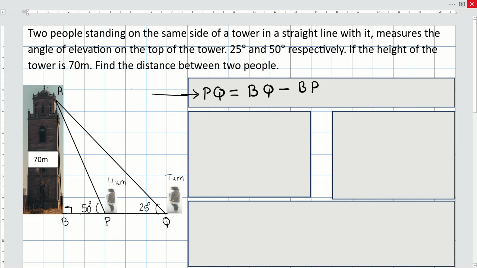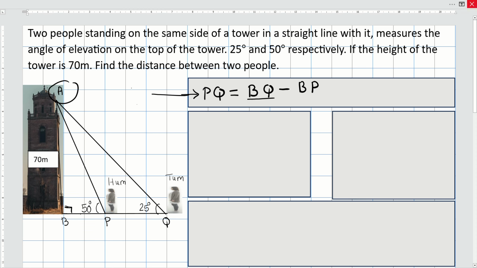Okay, so let us first find BQ. And BQ is part of which triangle? First of all, tell me students, how many right angle triangles do we have? We have two right angle triangles. ABQ is the first right angle triangle, and the smaller one, can you see the smaller one?